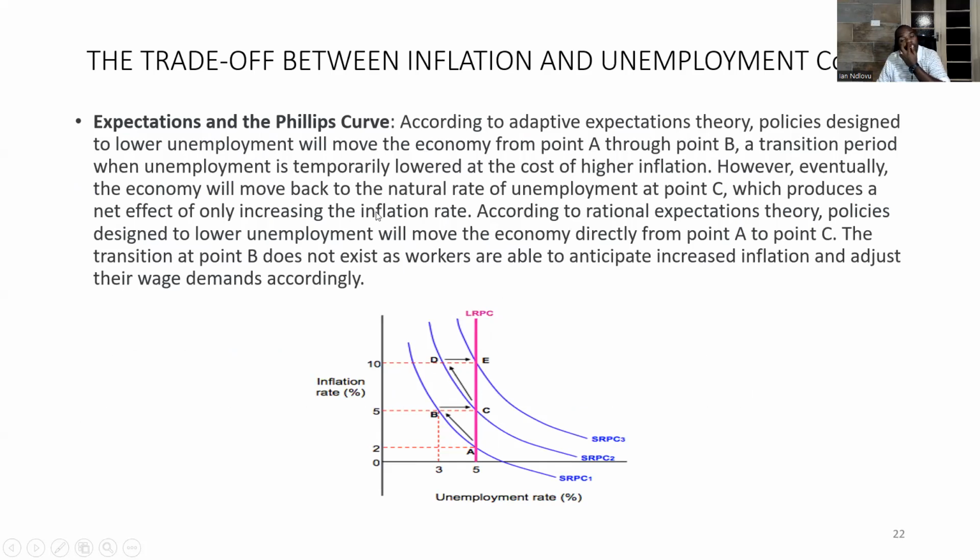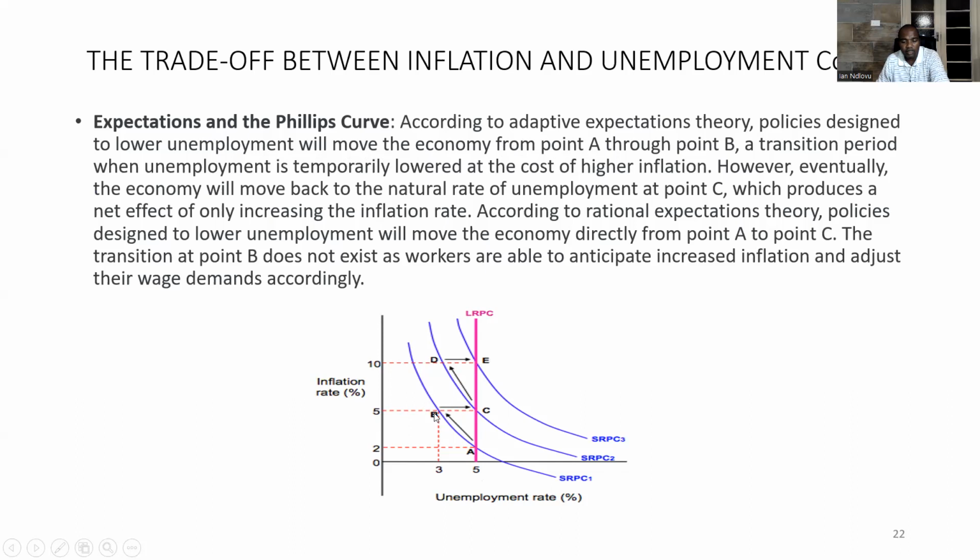Now, when we translate this to the Phillips curve relationship, according to the theory of adaptive expectations, policies designed to lower unemployment will move the economy from point A to point B, a transition period when unemployment is temporarily lower at the cost of high inflation.